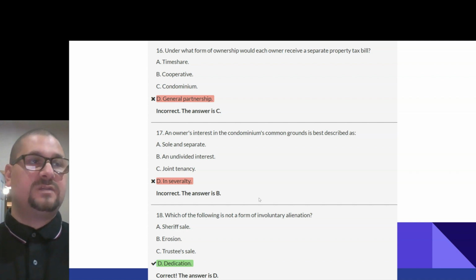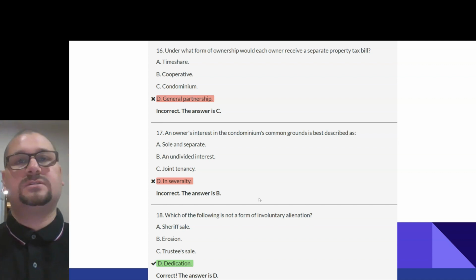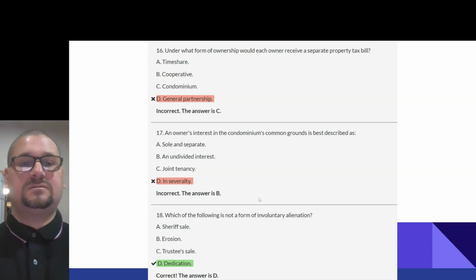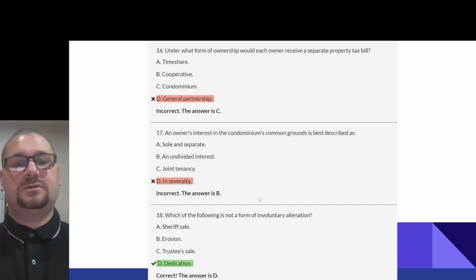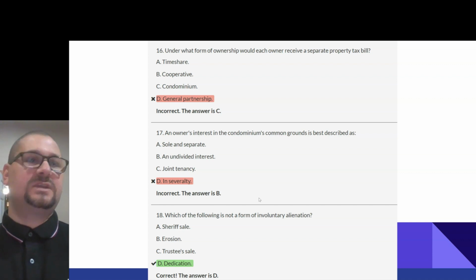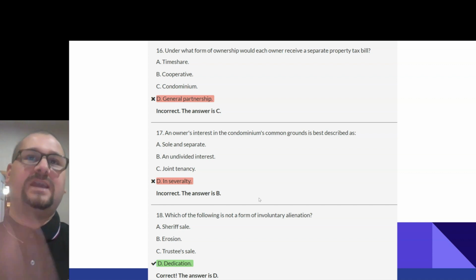Which of the following is not a form of involuntary alienation? Involuntary means not volunteering. A sheriff sale, no. Erosion, no. Trustee sale, no. Dedication, yes. It's tricky because they're saying "not" and "involuntary."